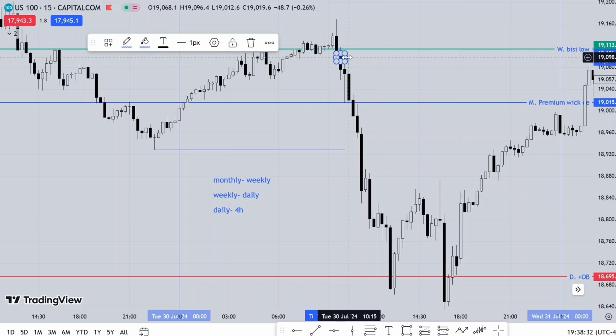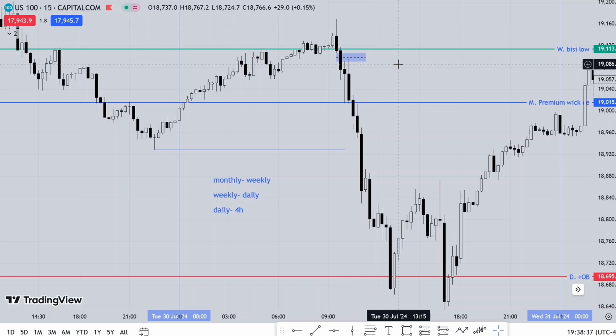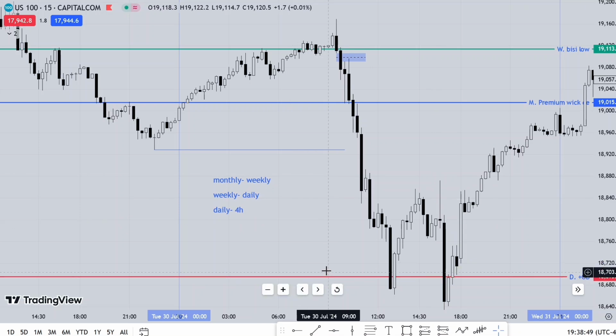You're using the lower time frames to streamline your entries for trade management and stop placement. And you'd want to offload at a swing low, targeting a subordinate higher time frame key level. So this is why you want to leave these key levels on your chart.